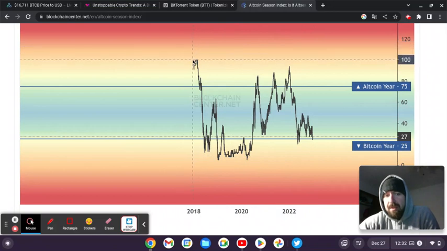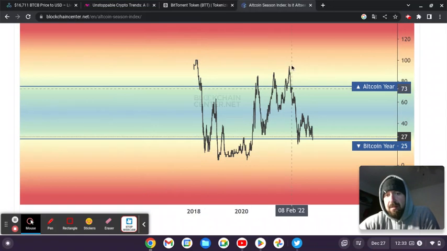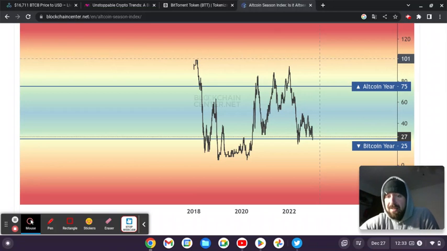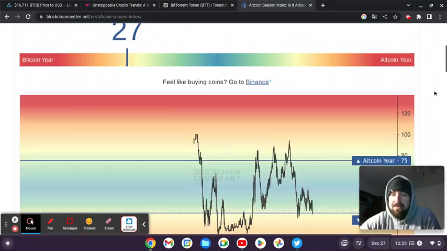Long term, since this has been kept track of, it has actually gotten lower highs. That's good. That means that the cryptocurrency market is stabilizing, and that is the biggest indicator of mass adoption. That's the only way to explain that.